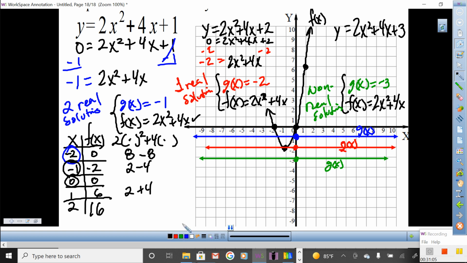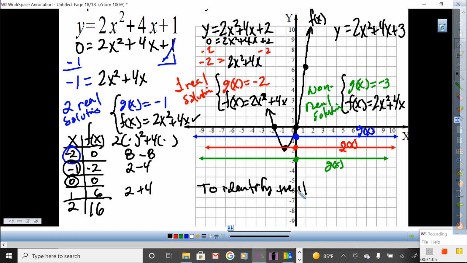Yes. So let's write this out underneath, guys. To identify the number of real solutions, we look at what, Juliana? Intercept.